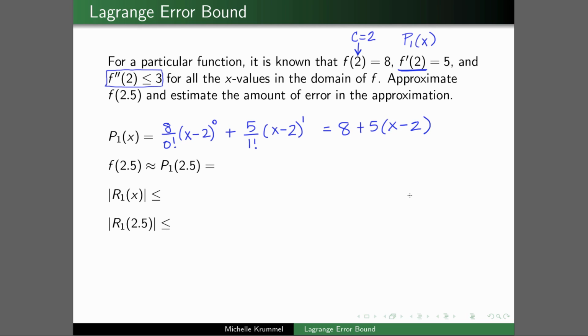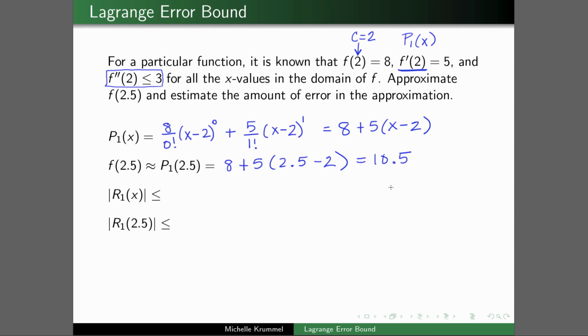We can use our Taylor polynomial to estimate f of 2.5 by substituting in 2.5 for x. So our approximation is 8 plus 5 times 2.5 minus 2, which is 10.5. Now we want to estimate the amount of error in that approximation.